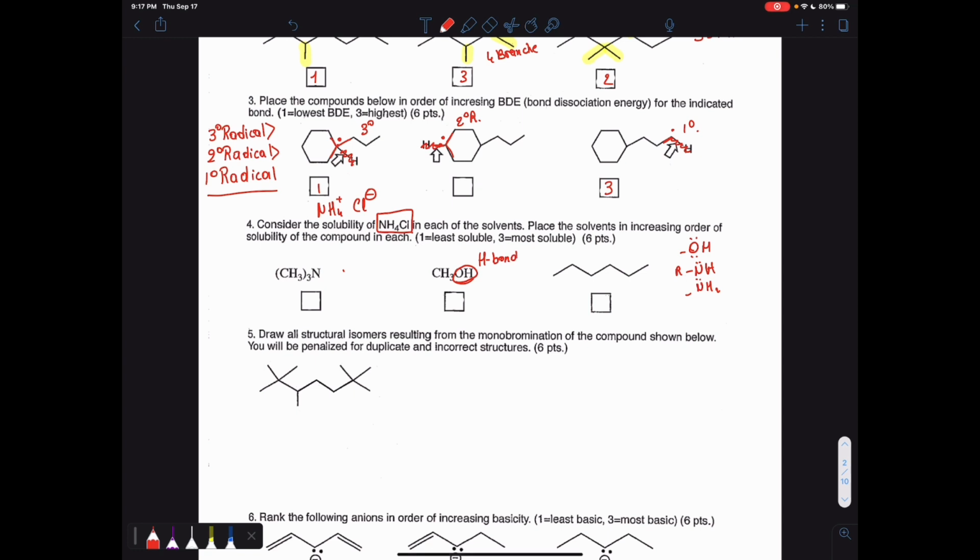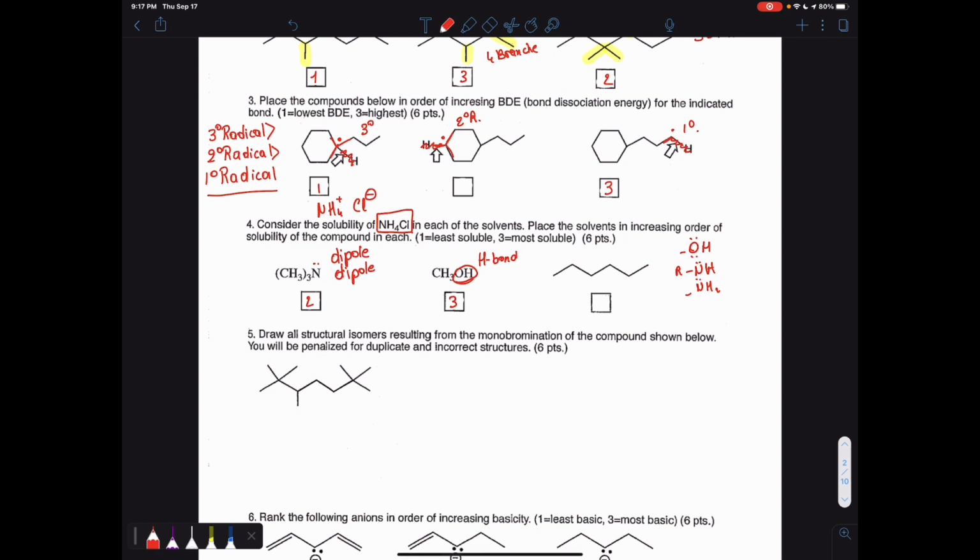Now some people will consider this one as having hydrogen bonding, but actually it does not. What it has is dipole-dipole. Dipole-dipole does create intermolecular forces, but it's a little bit weaker than hydrogen bonding. So the one with the hydrogen bonding is going to be the most soluble, and the second most soluble is going to be the one with the dipole-dipole.